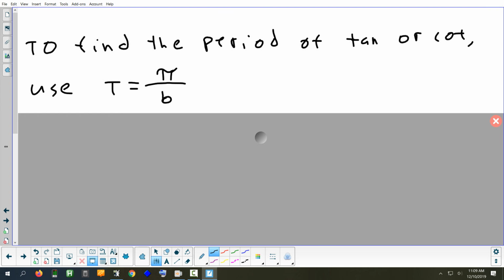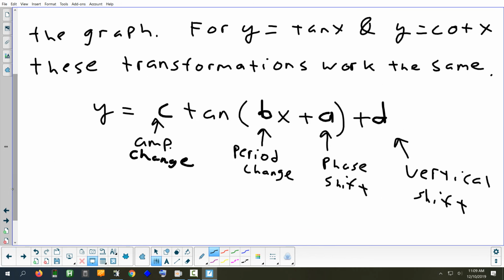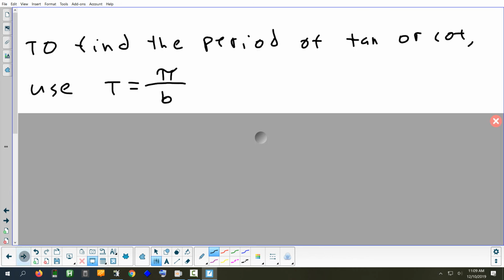Okay, so we had a formula to find the period of sine and cosine. The formula was 2 pi over b, where b, just a reminder, b is the number in front of x. Well, tangent and cotangent, the formula is similar, but it's a little bit different. It's not 2 pi over b, it's 1 pi over b.